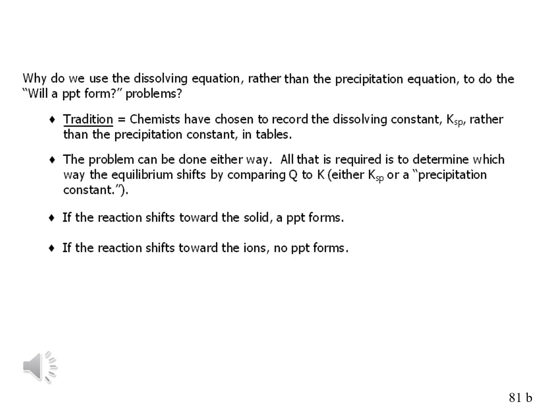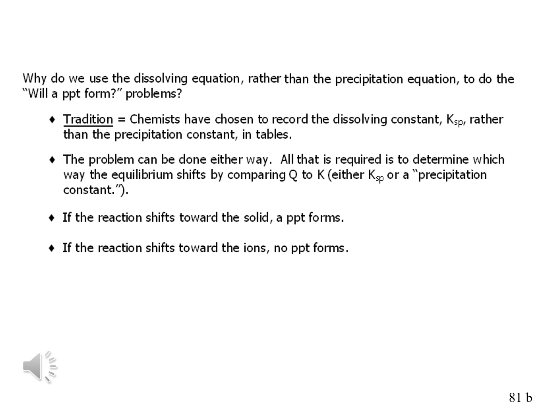You might have asked this question while we were going through this, and a lot of people asked me, so I wanted to deal with it. The question we've been asking is, will a precipitate form? It seems a little weird that the first thing I tell you to do is to write a dissolving equation rather than a precipitation equation.